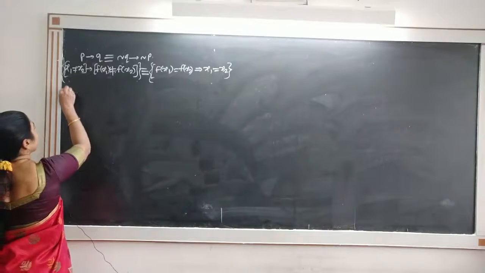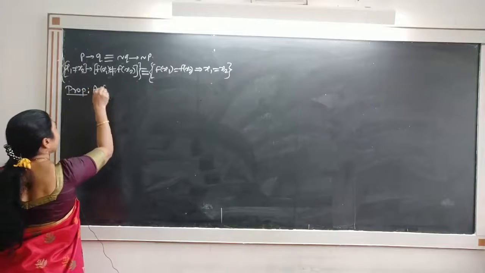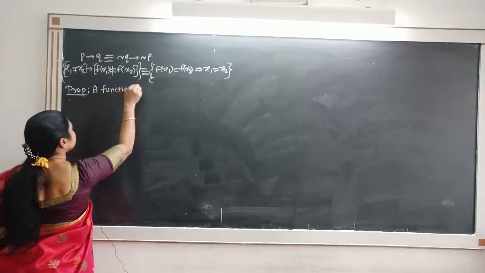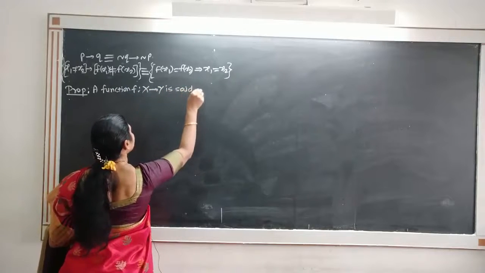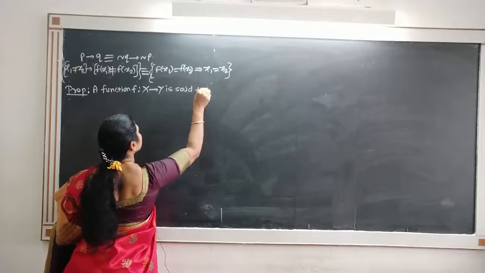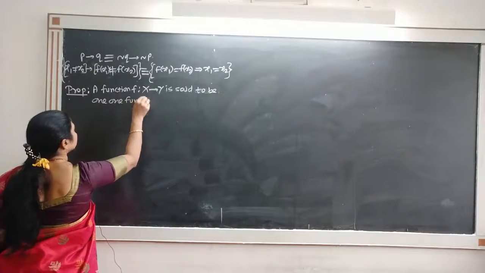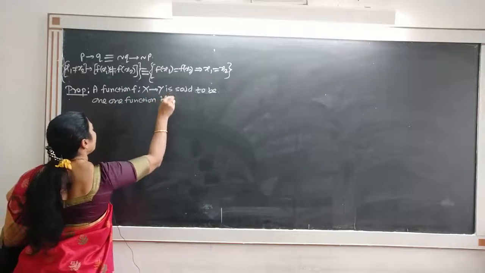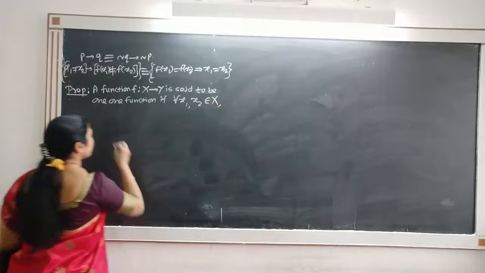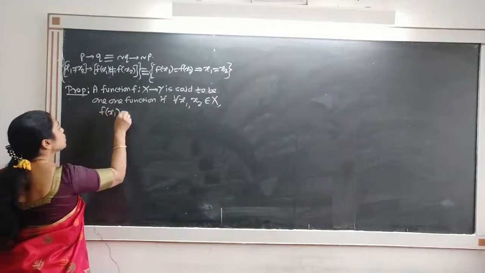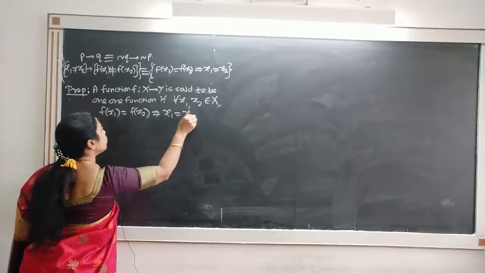So the proposition says that a function f from X to Y is said to be 1-1 if for all x1 and x2 in domain X, f of x1 is equal to f of x2 implies that x1 is equal to x2.